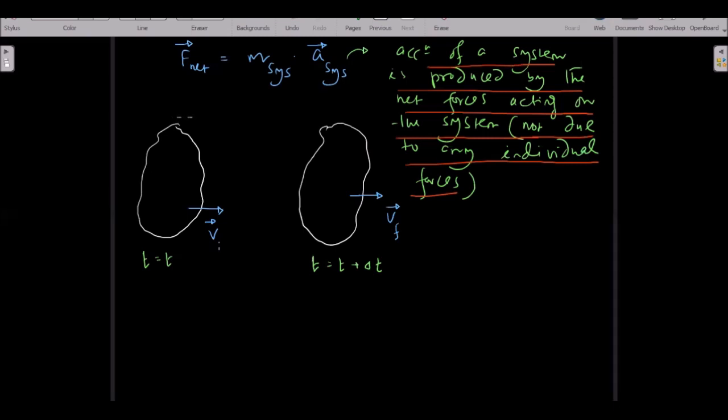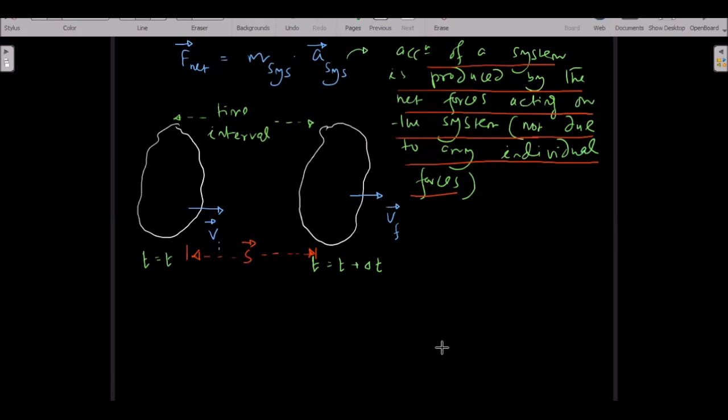This is the time interval. We are also assuming that in this time span it is displaced by S vector. Okay, displacement is S vector.